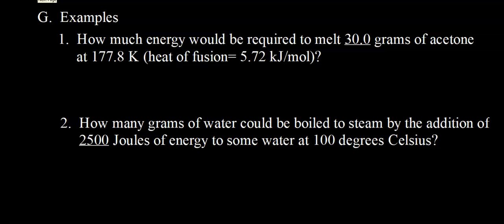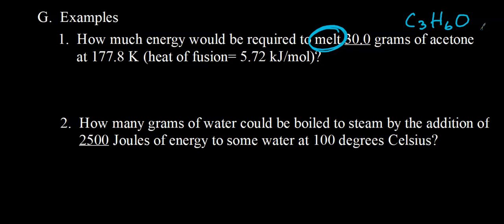All right, number 1, how much energy would be required to, very, very key word here, to melt? So melting is endothermic. 30.0 grams of acetone. Acetone has a chemical formula of C3H6O at 177.8 Kelvin.